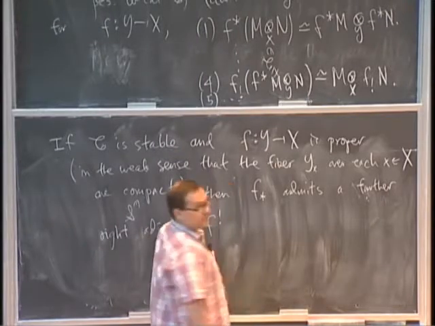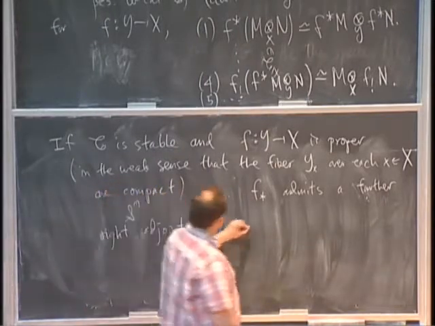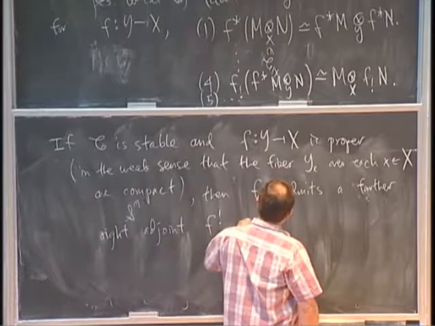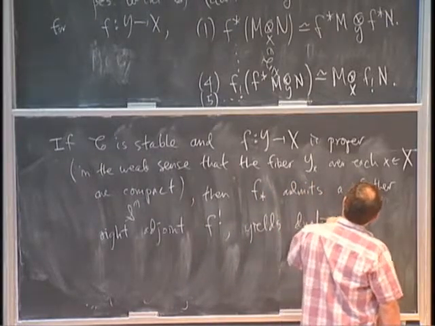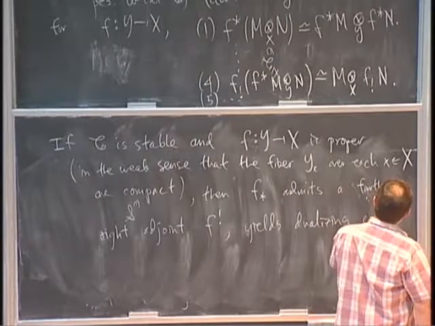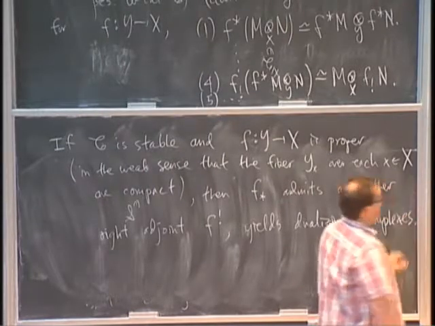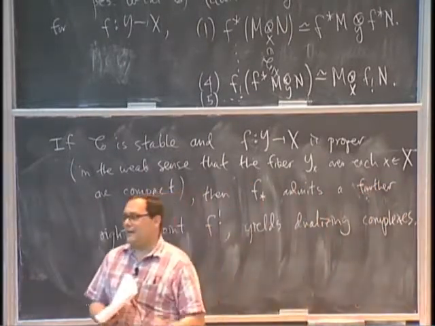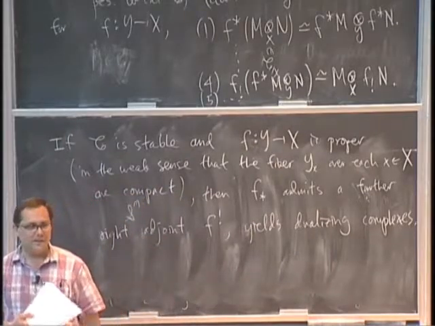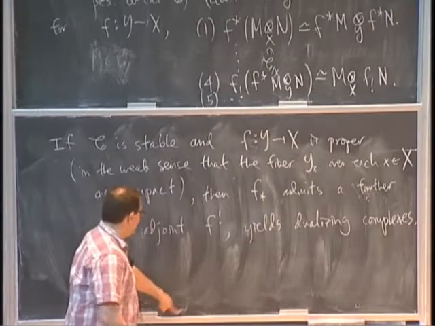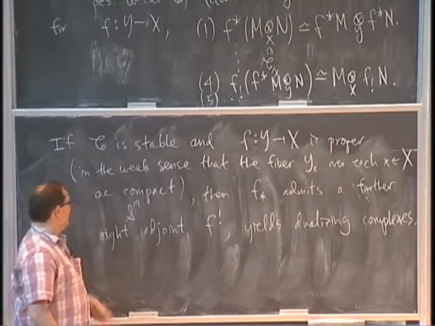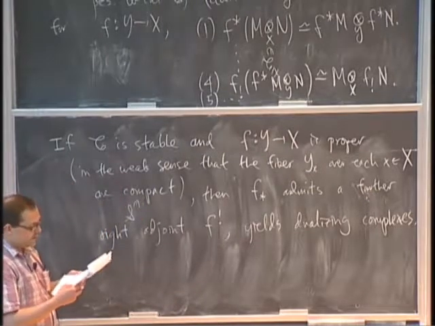And this yields dualizing complexes in the sense that Vesna was talking about. I didn't verify any finite injective dimension condition, but it really does lead to some sort of Grothendieck-style duality here.